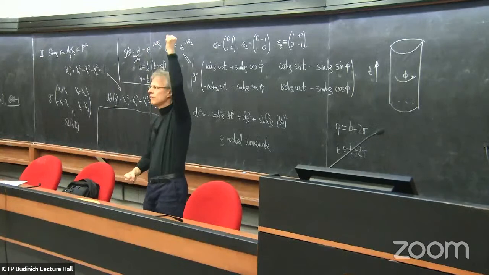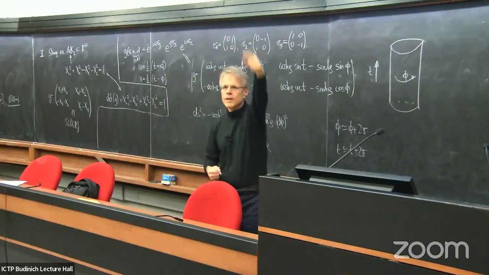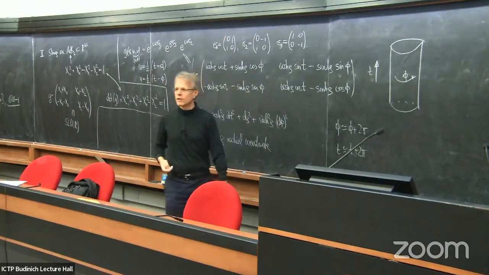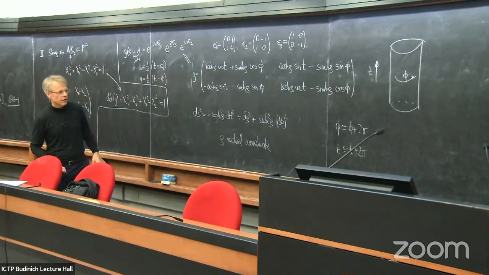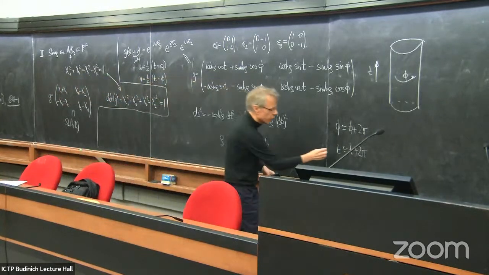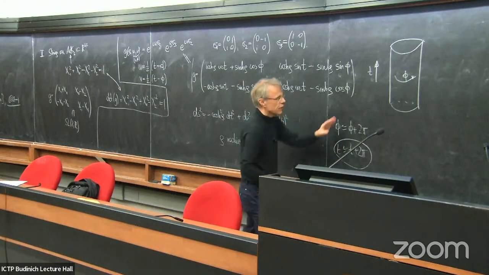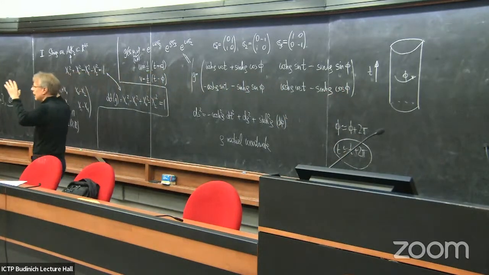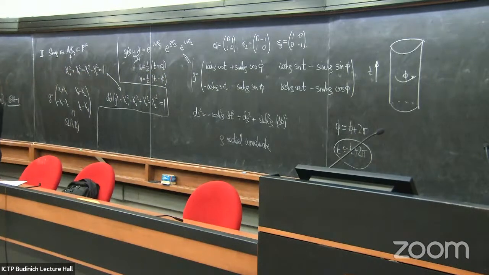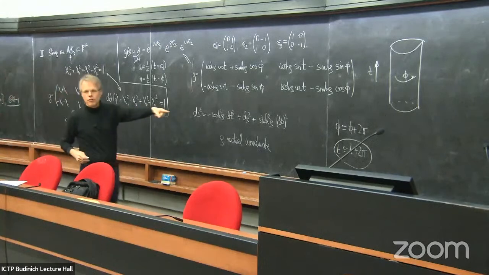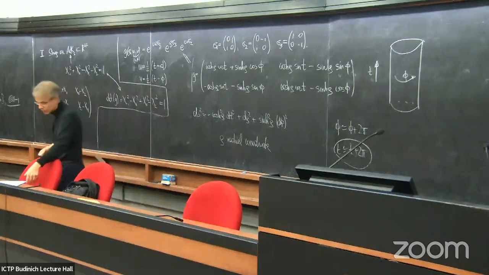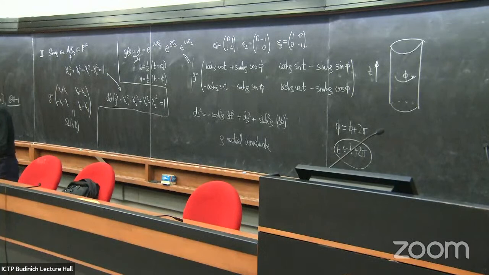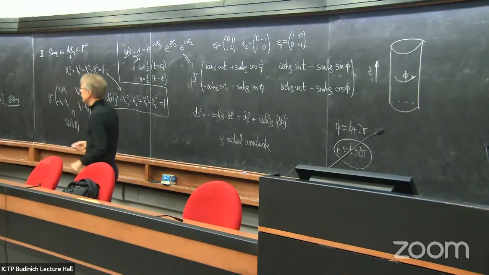My time should just run forwards, and there shouldn't be some identification after time has elapsed for periods of 2 pi. So this is a point I'll have to come back to. If I just treated it as an SL2R Wess-Zumino model, I have to keep in the back of my mind that I'm not exactly doing the right thing. At some stage, I will have to include solutions that will undo this periodicity in t, which is an undue requirement.